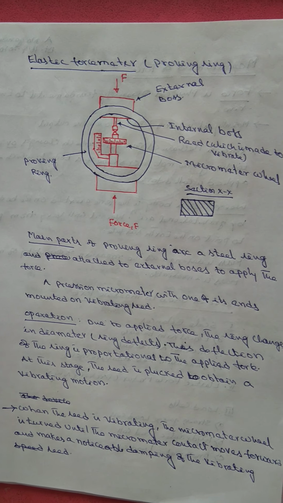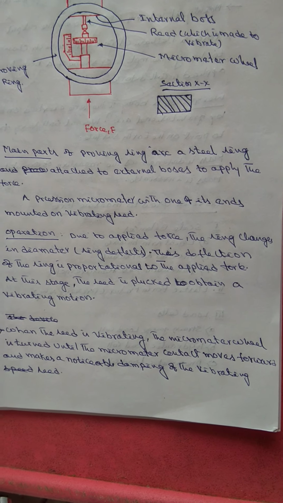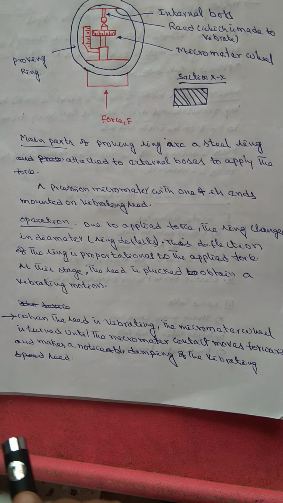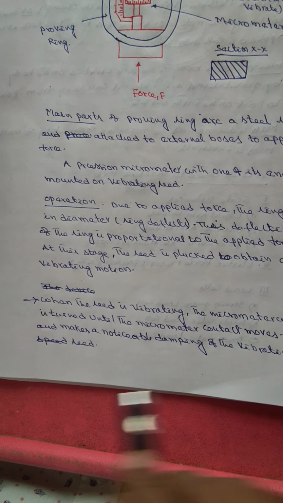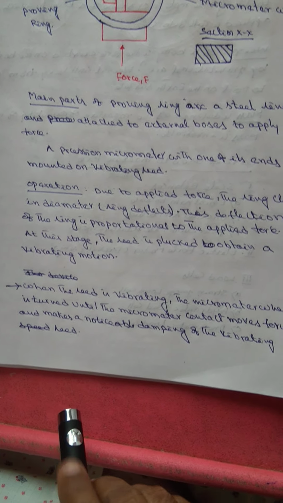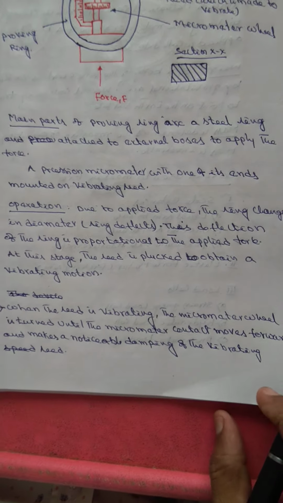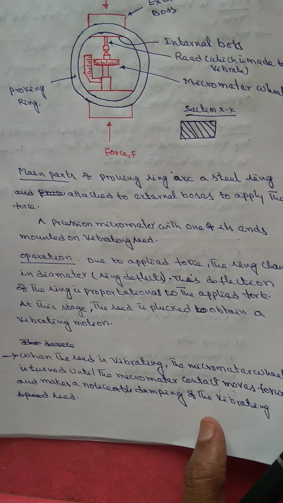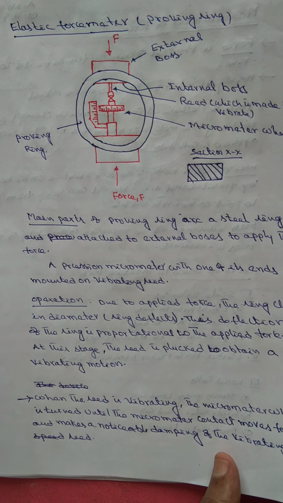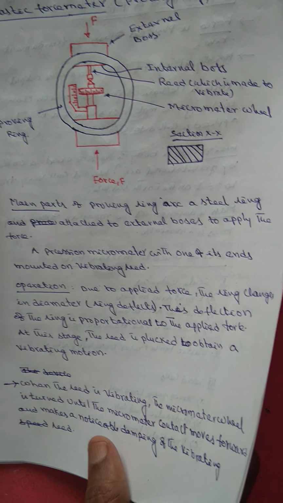This deflection of the ring is proportional to the applied force. At this stage, the reed is plucked to obtain vibration motion. When the reed is vibrating, the micrometer wheel is turned until the micrometer contact moves forward and makes noticeable damping of the vibration of the reed. Due to this compressive force, we measure the force with the help of the ring and external bosses. That is the setup.